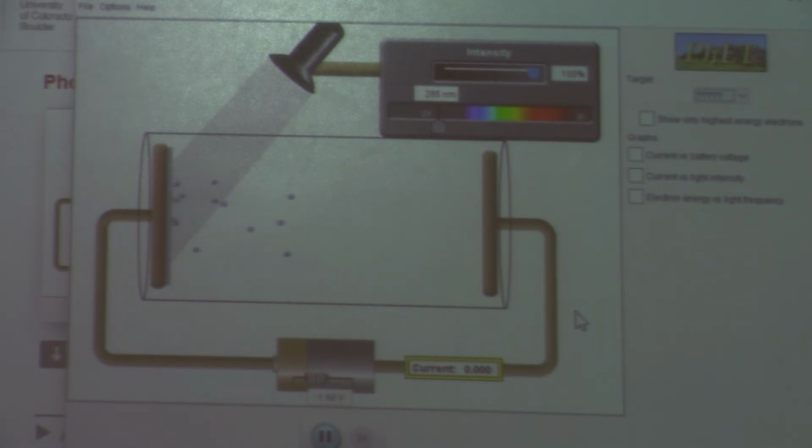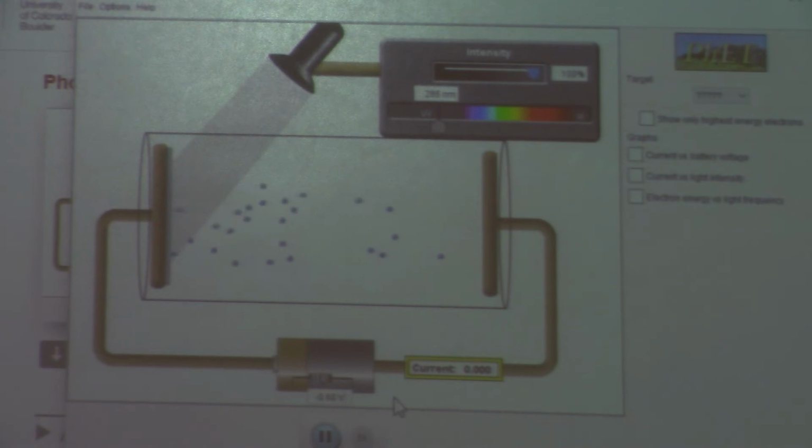Okay, still too much. So I'm going to go maybe to negative 0.4. Now, if I go to negative 0.4, that's not enough because I still have a current. So whatever my stopping voltage is has to be somewhere between negative 1.6 and negative 0.4. So I'm going to try negative 0.6.